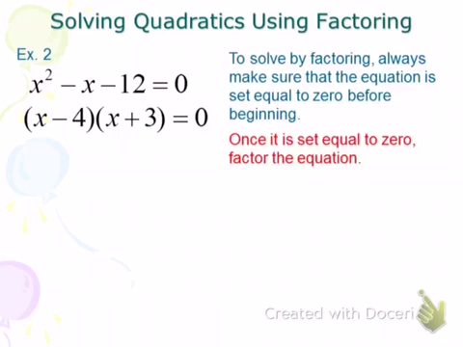Why is that? What if it was equal to 16? Could I factor the left side and just find two factors that multiply to be 16? What's wrong with that thinking? Because there's an infinite number of things that multiply to be 16, right?